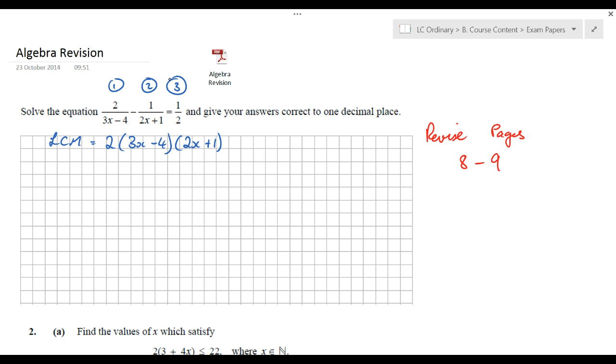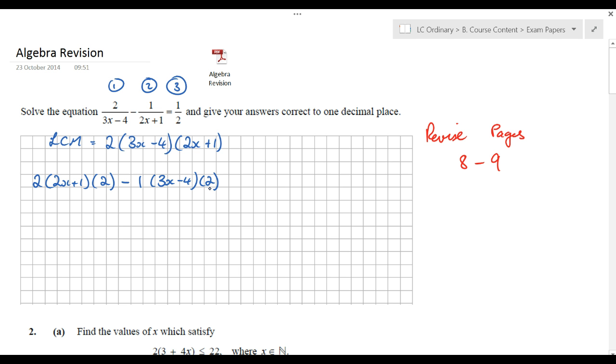When I multiply the first term by the LCM, 3x minus 4 will simplify, leaving me with 2 by 2x plus 1 by 2. Subtract. When I multiply this term 2 by the LCM, 2x plus 1 will simplify, leaving me with 1 by 3x subtract 4 by 2.